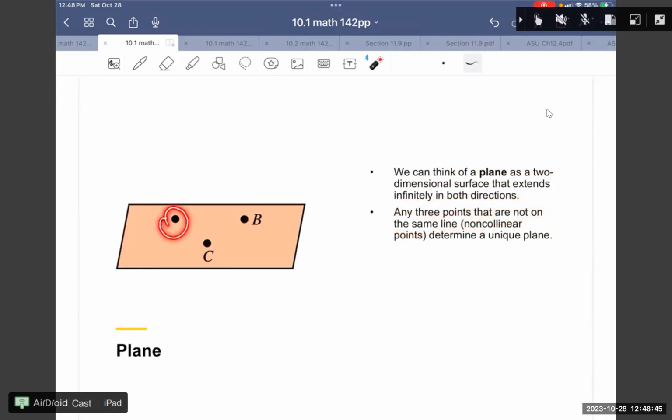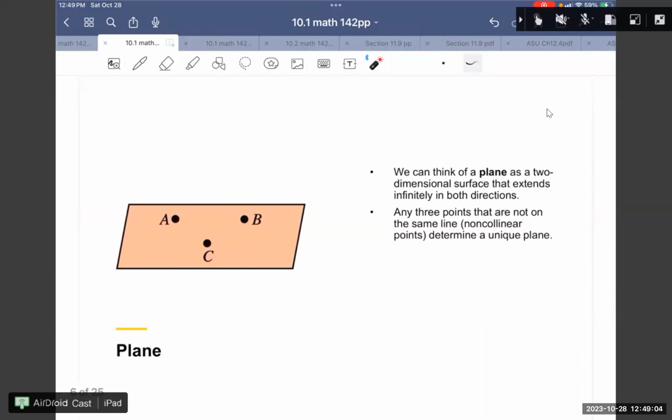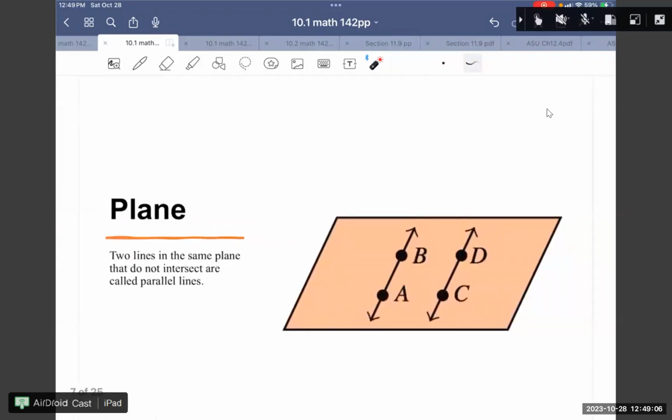For example, point A, point B, and point C. You see that the three points are not on the same line, though you can connect line AC, or BC, or AB. That determines the unique plane. And also we have another plane.